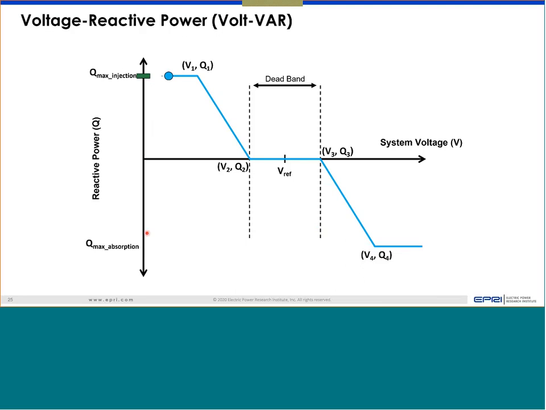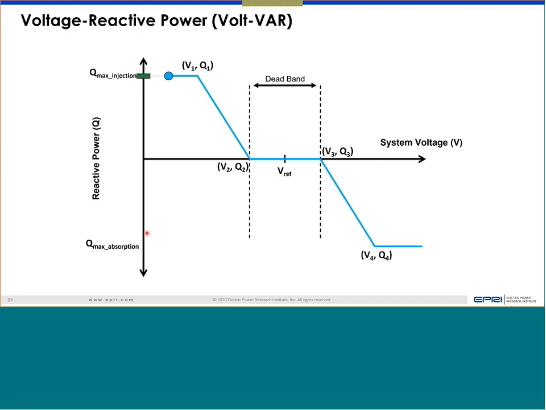If it's configured the way it is shown right now, and for whatever reason the grid voltage changes from high voltage to low voltage, maybe feeder reconfiguration, sudden load change, or some operation, the plant will automatically change the direction of reactive power from absorption for high voltage to injection for low voltage, as long as it is defined the way the Volt-VAR function is shown here right now, depending on your voltage.